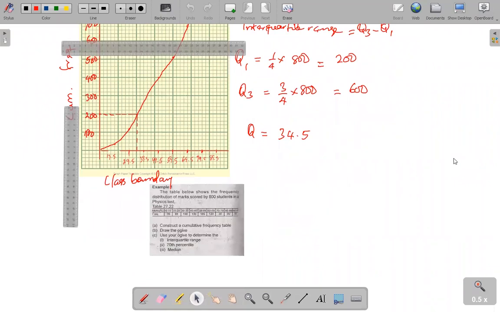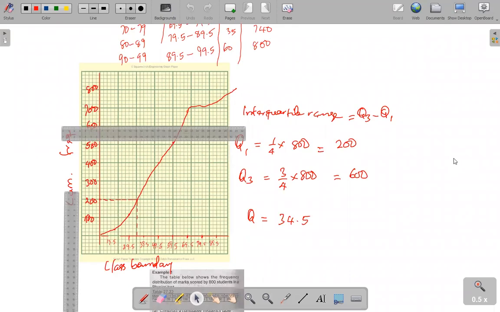Okay, having done the interquartile range, let's move on to the second question, which is the 70th percentile. Remember percentile is out of 100, so the 70th percentile will be 70 over 100 times the total cumulative frequency, which is 800.